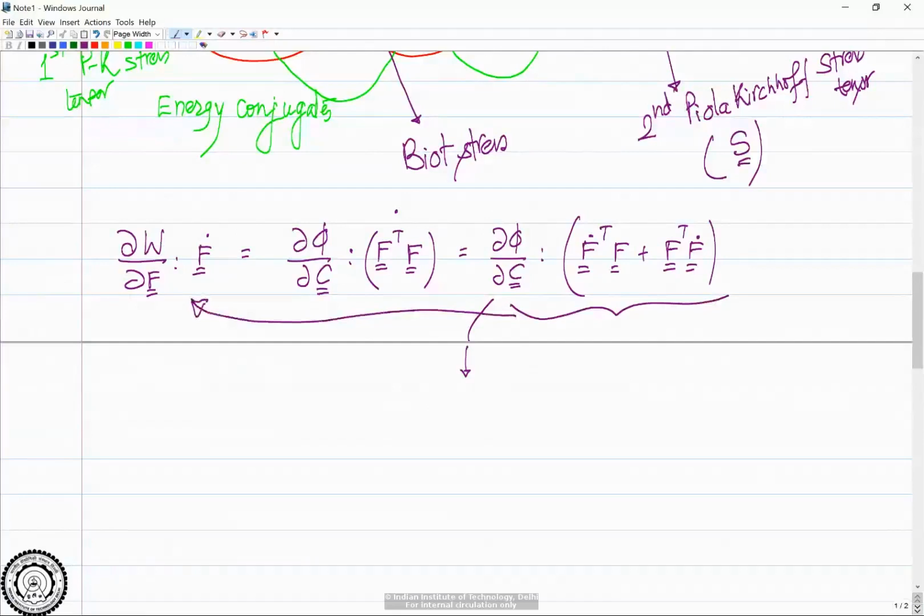So it has two terms, as you can see. So we can say this is del phi over del C double contraction F dot transpose into F, plus del phi over del C double contraction F transpose into F dot.